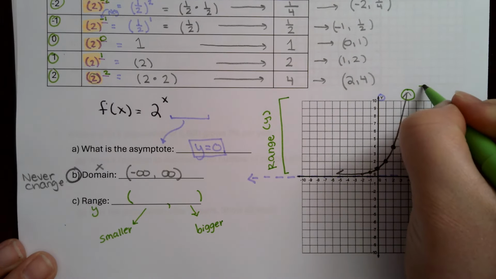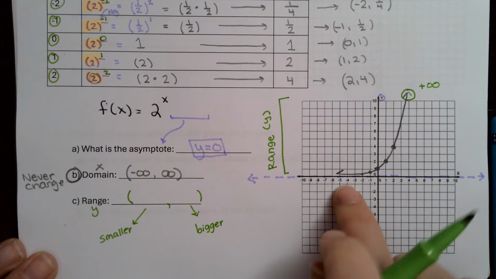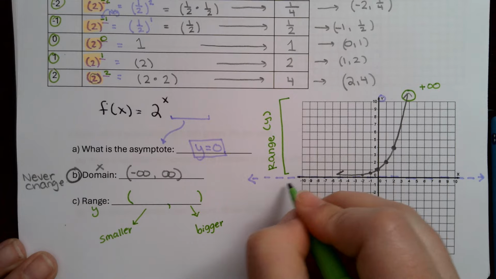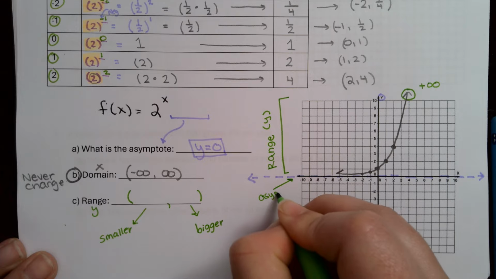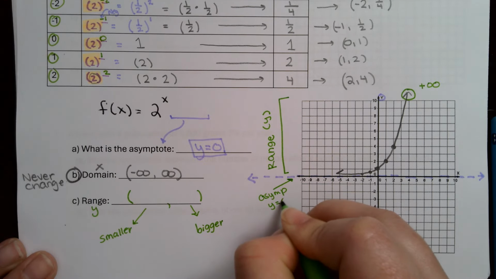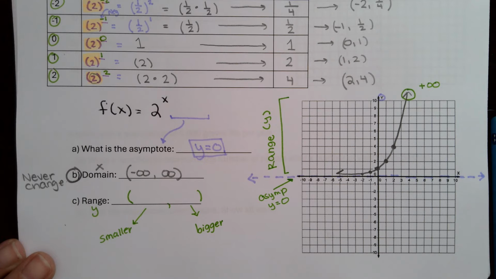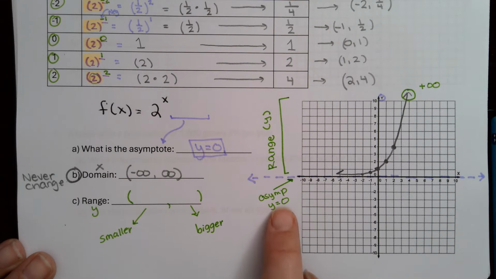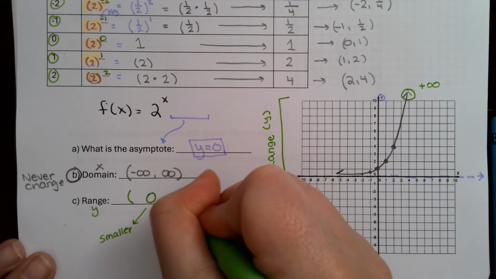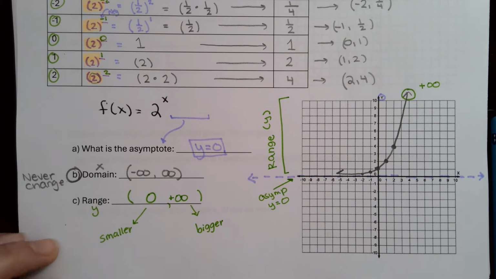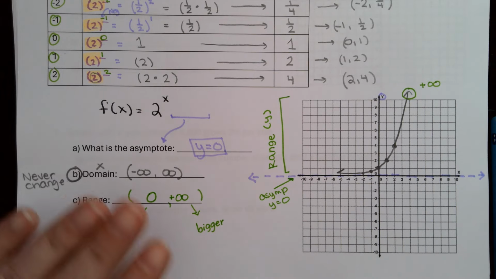This arrow is going off to positive infinity. However, this arrow right here is approaching your asymptote, and your asymptote was at 0. So what is bigger? What is smaller? 0 is smaller. Infinity is bigger. Now, if we had a negative function and it was going down, things would be different. We would have a negative infinity, but we have this here.